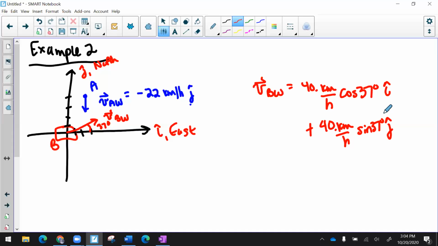Sine 37 degrees. Okay, and those have numbers. I don't care what they are at the moment. I might care later. And then what do I want to find? What's my find statement here? What do I want? Velocity of A with respect to B or relative to B.